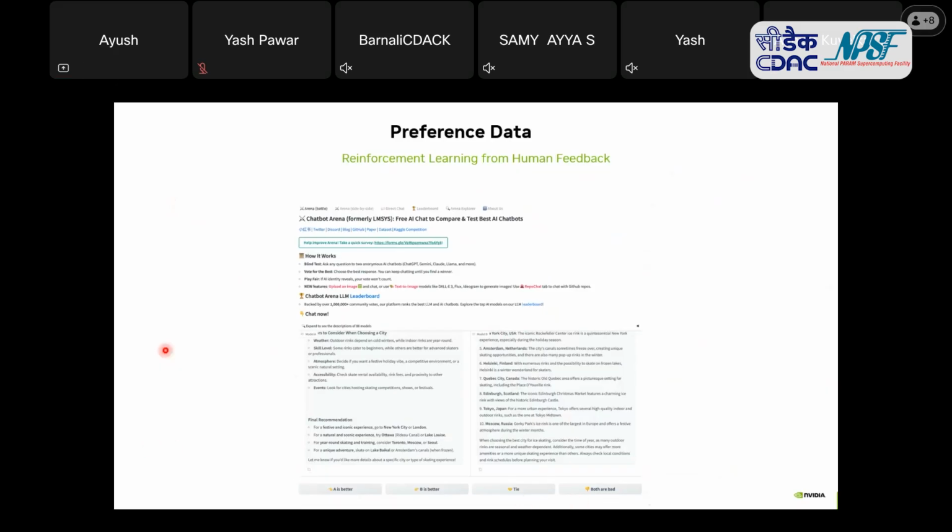This is how the interface to the human annotators is provided. The other way, as I already told you, is capturing feedback from us to improve their models. You might have seen the capability of the models improve, not only in the broad coverage of domains but also in the way they produce answers.